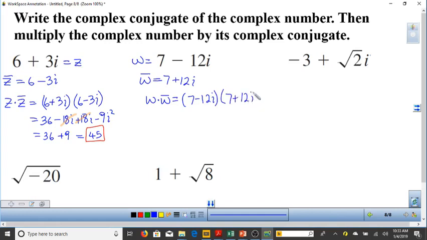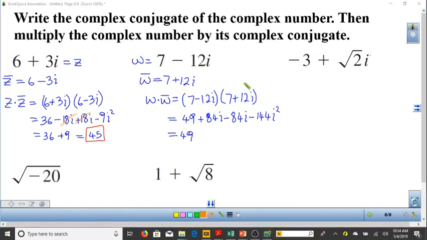And as you can see, that looks like a difference of squares again. So we multiply 7 by 7, that's 49. And then 7 by 12i, that's positive 84i. And then minus 84i. And then minus 144i squared. And then that gives you 49. The 84i and the negative 84i cancel, as occurred in the previous.